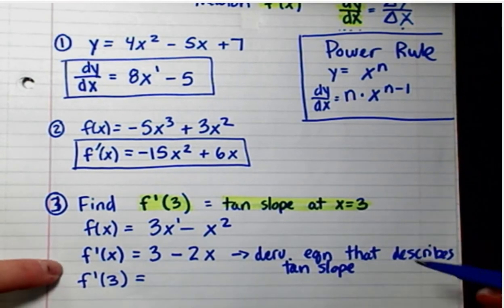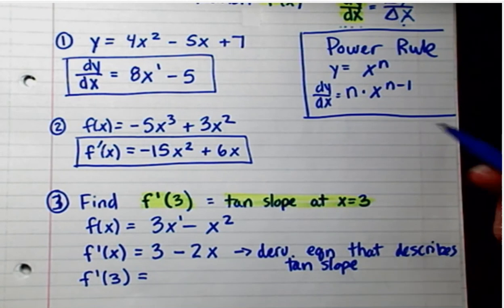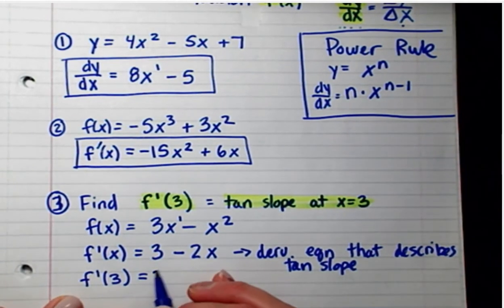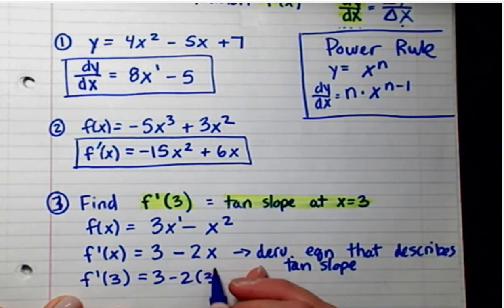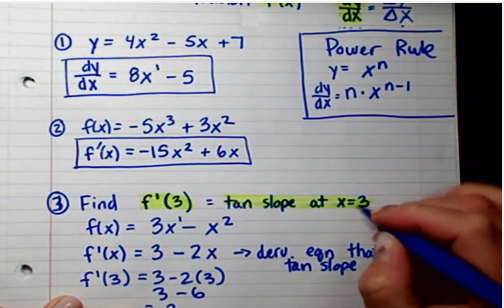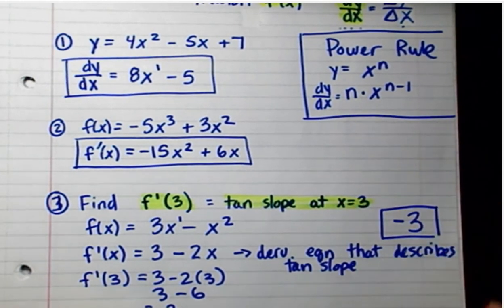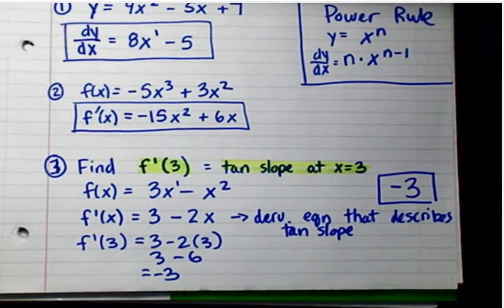That's what the derivative is. I want the tangent slope, but I want to know what it is at 3. So you plug in 3. Okay, there's a lot of vocab because the vocab tells you what you are doing.